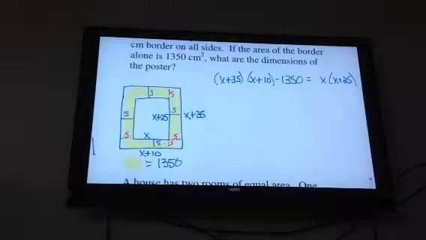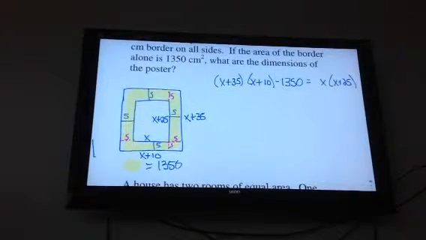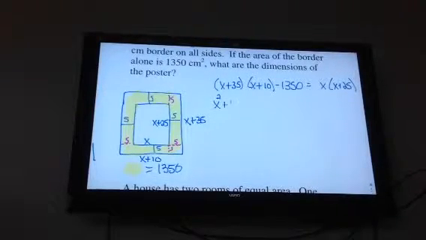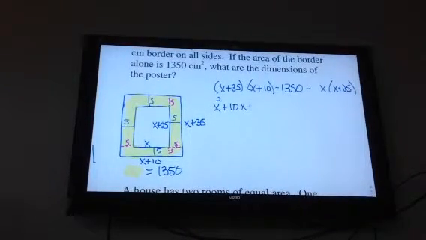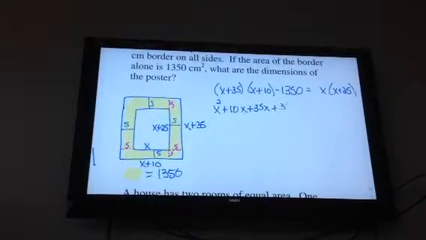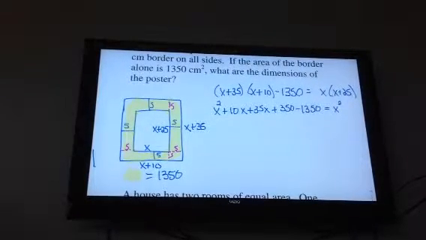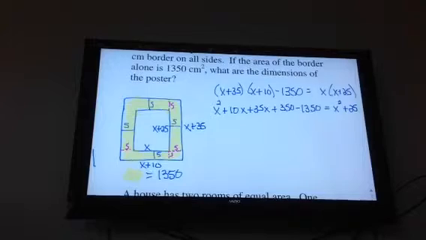Okay, so again, you should hopefully be seeing FOIL, binomial times binomial. So x squared plus 10x plus 35x plus 350 minus 1350 equals x squared plus 25x.